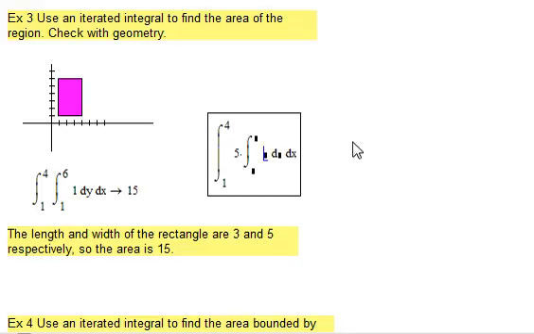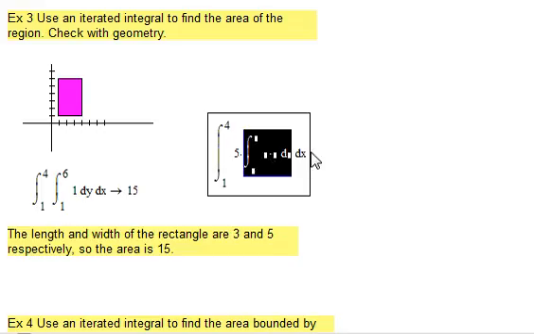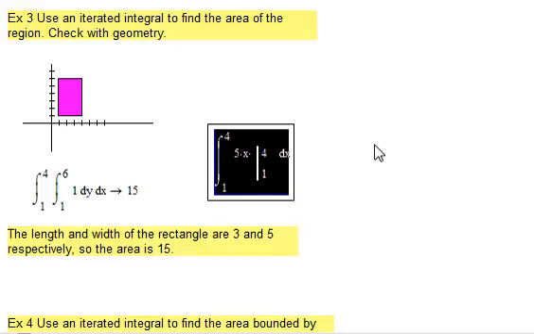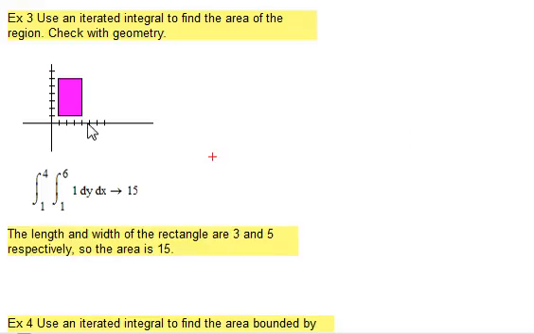That would be 5x, and x is going from 1 to 4, so 5 times 4 is 20, 5 times 1 is 5, 20 minus 5 is 15. So we do get 15, but I mean, golly, we knew that anyway because it's 3 this way and 5 that way. It's a rectangle. So that one wasn't all that spectacular, but it did come off with exactly what we expected.